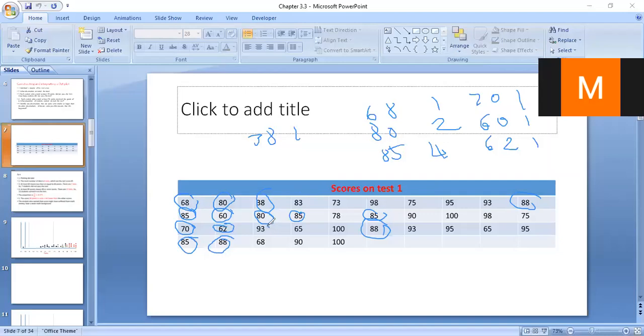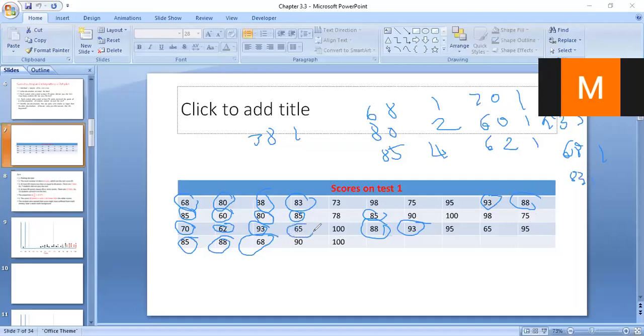And 93, we have 1, 2, 3. 93 we have 3. Now 68, we have 1. 83, we have 1.